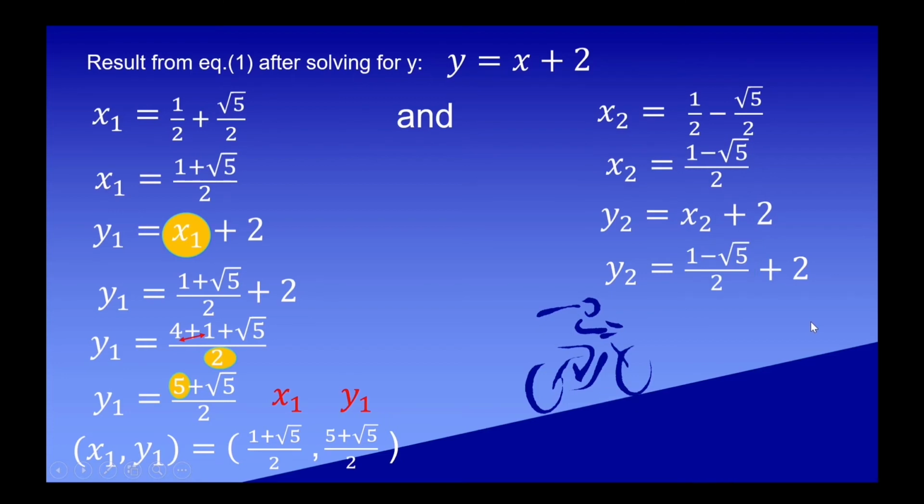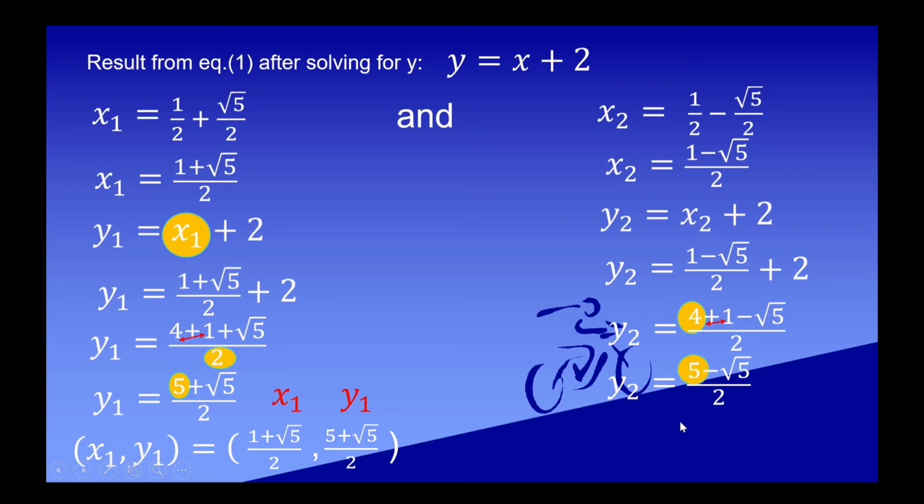Then y sub 2 is equal to 2 times 2 is 4, then copy the numerator plus 1 minus square root of 5, over our denominator 2. So y sub 2 is equal to 5 minus square root of 5 over 2.